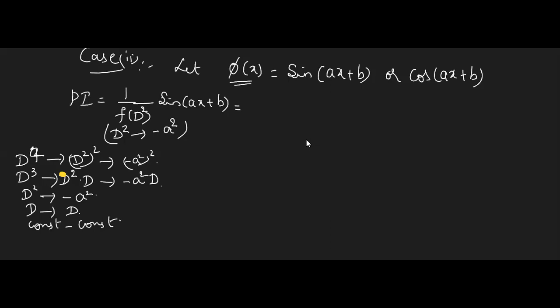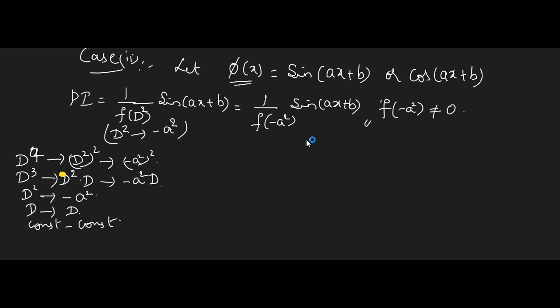So here d square has to be replaced by minus a square. Again, two things may happen. If you replace your d square by minus a square, you may get not equal to 0. If you are not getting 0, replace it, and if there is no d at all, this is the required pi.